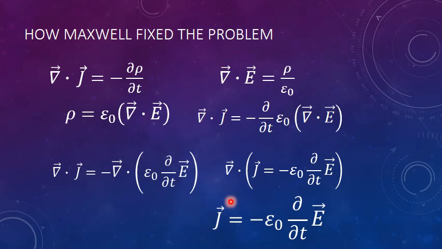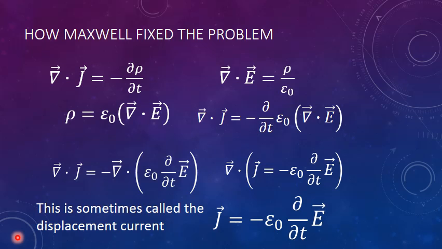We were not looking at any rate of change of electric field that could also create a current density. Well, this is usually called by a special name, displacement current, or displacement current density.